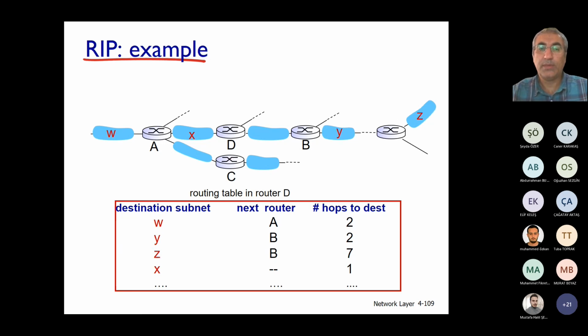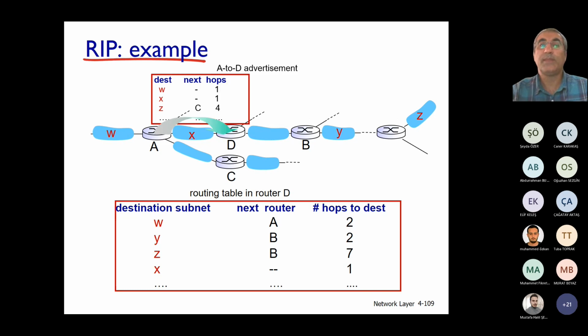I assume that there's an update through an advertisement message from router A to router D. As you see, there's an update for destination Z. You can reach the Z subnet through router C, and the number of hops is going to be 4. Compared to 7, 4 is much less, right?